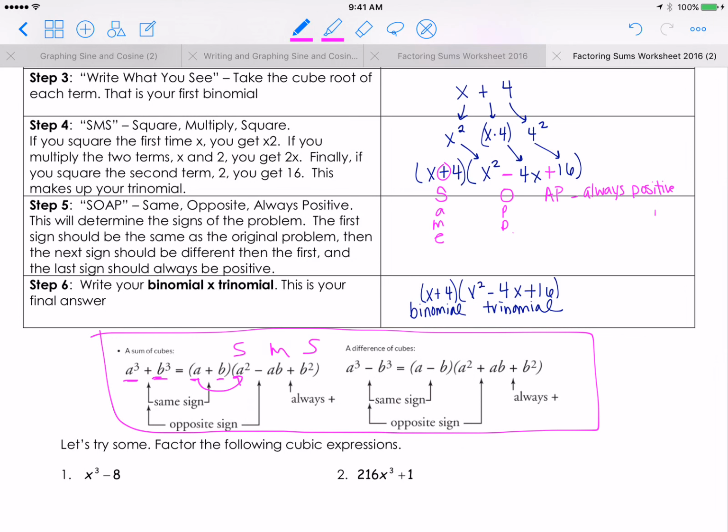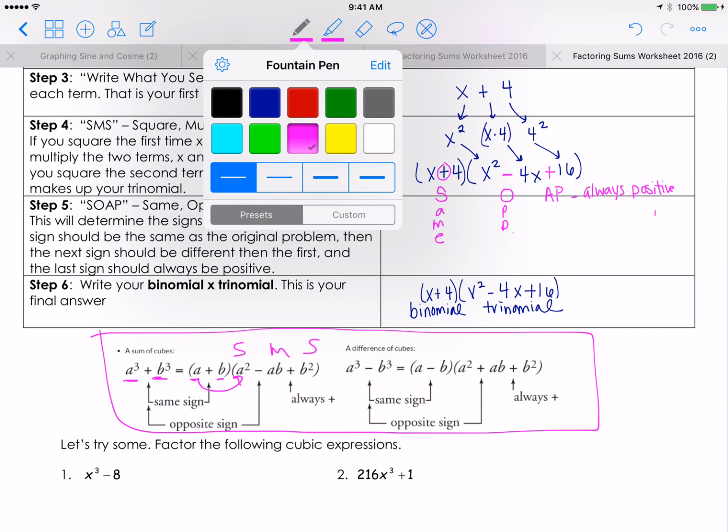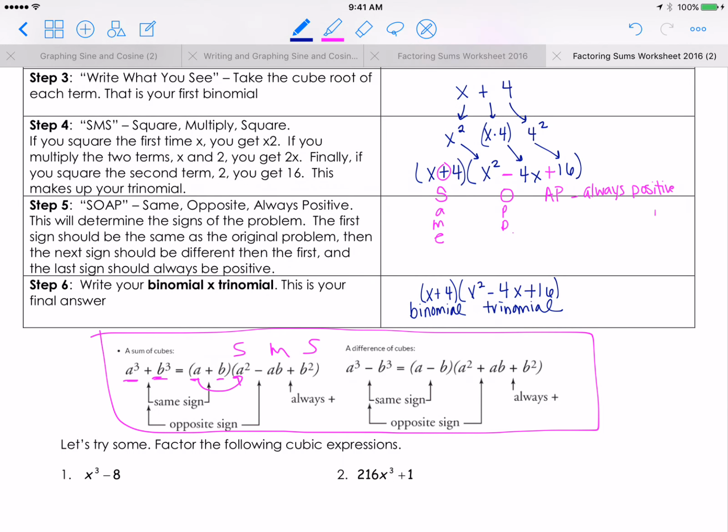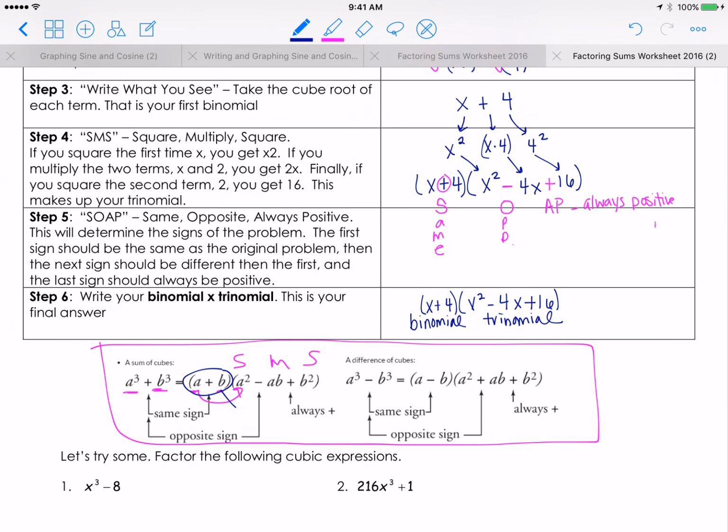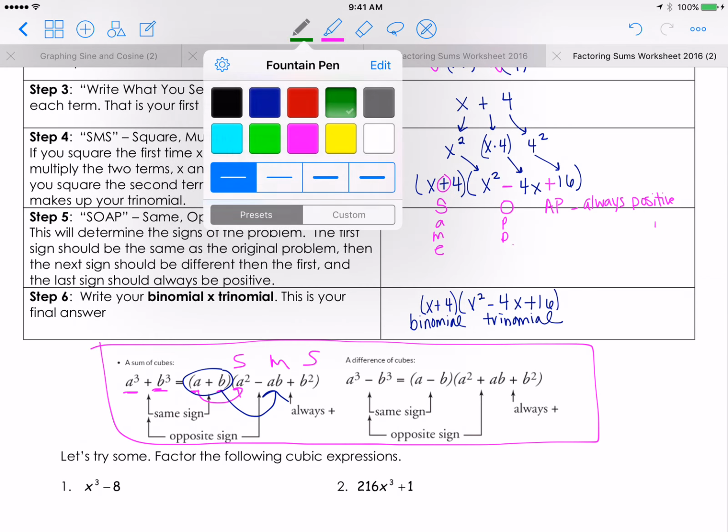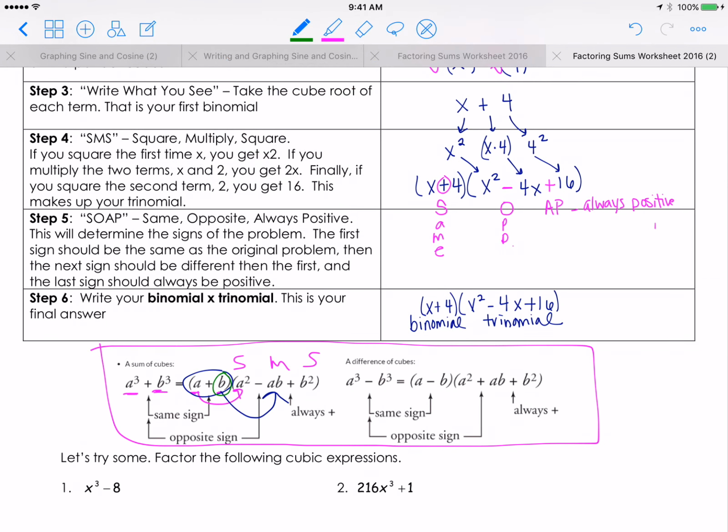You square the first term, and then you multiply these two together to give you ab, and then you square the second term. And then you follow SOAP: same, opposite, always positive.